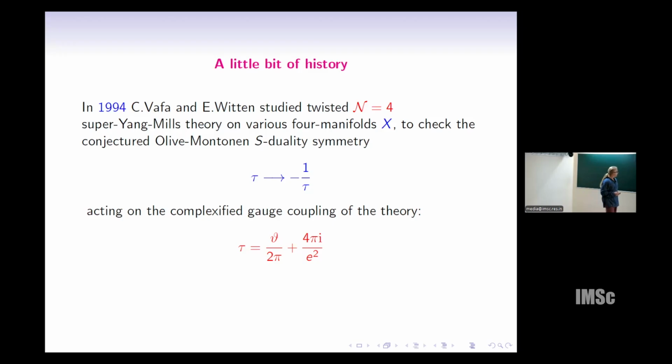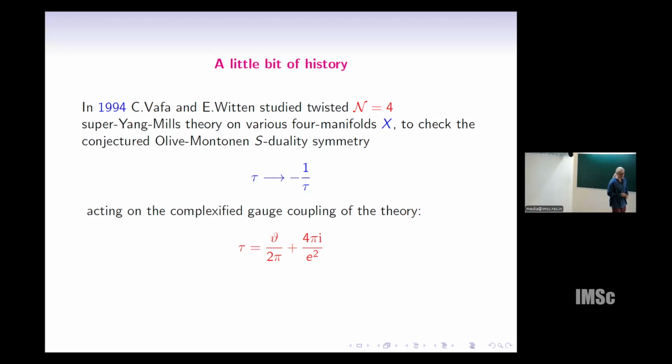And they did this because there was an earlier conjecture by Olive and Montonen, which said that this maximal super-Yang-Mills theory actually enjoys the exact electric-magnetic duality. In Maxwell theory, you have two equivalent ways of formulating the Maxwell equations in empty space. You can use electric fields or magnetic fields, and there is a way to map one to another.